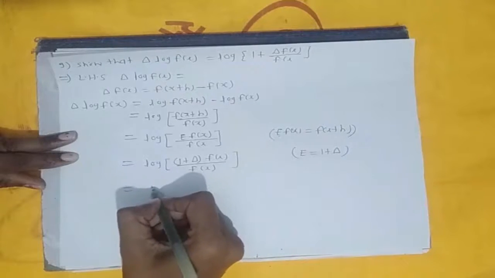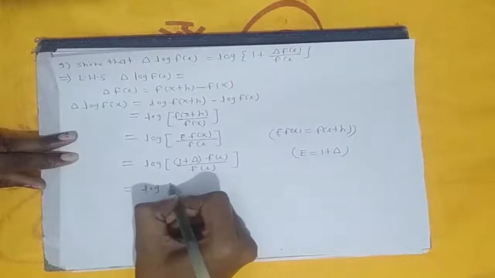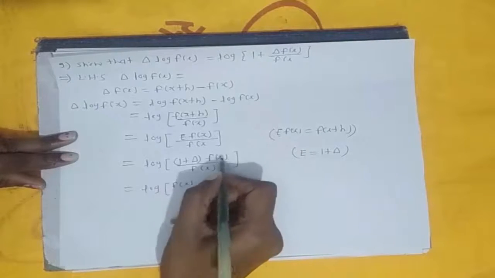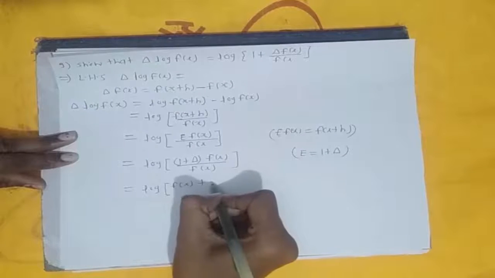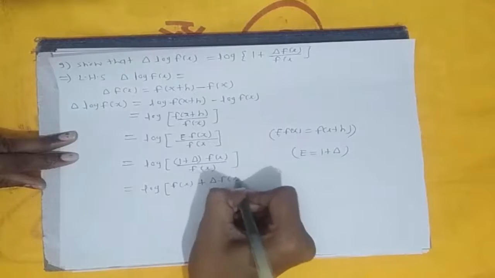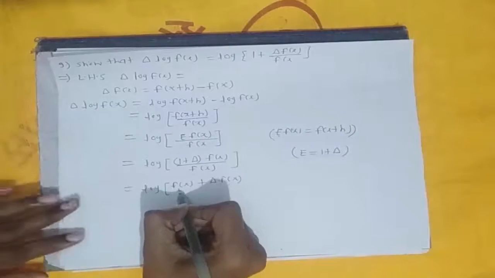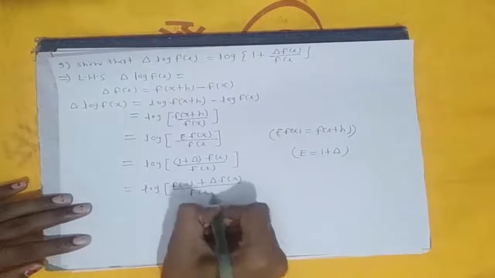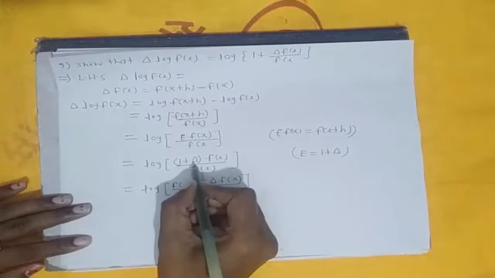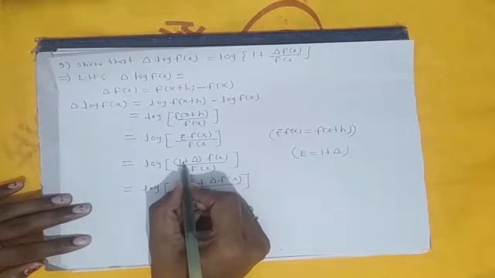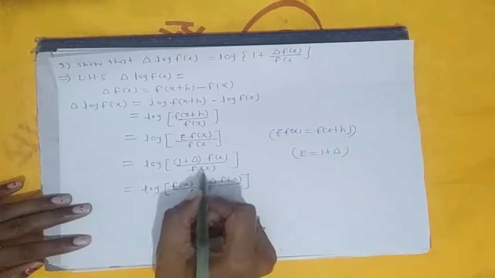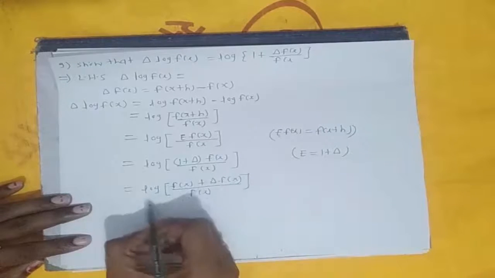log of, if we separate, we multiply this in bracket f of x, in bracket we get f of x plus delta f of x, divided by f of x. Here we apply this one operator and delta operator on this function, not multiply in bracket.